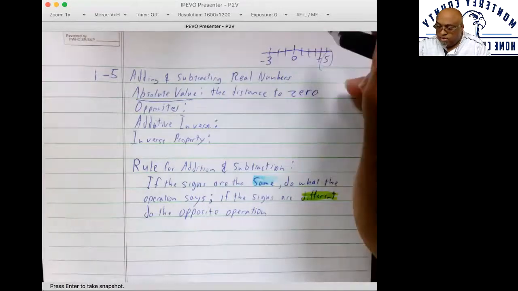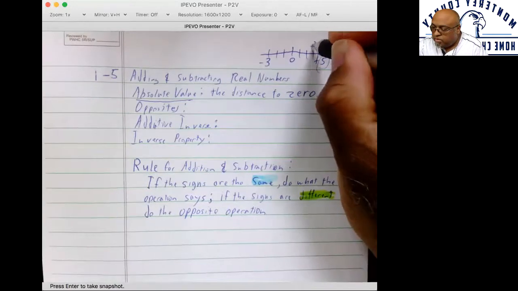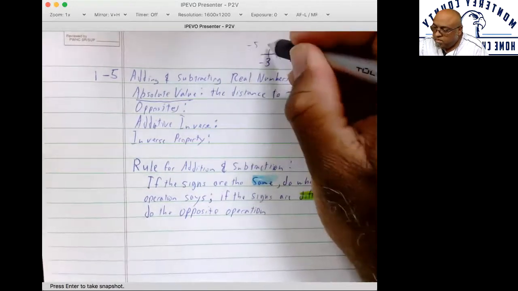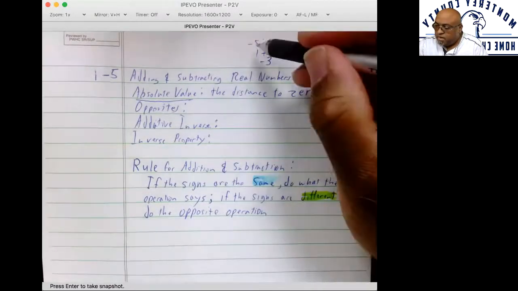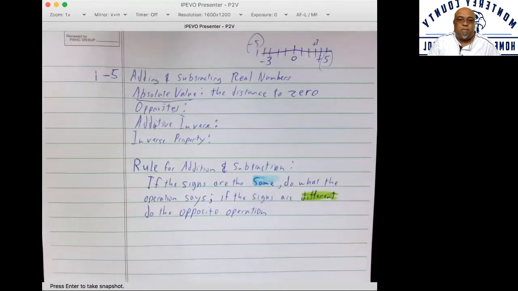Now, I meant to do it the other way around. I apologize. I meant to do it like this. +3, -5. Pointing out that that one is further away. Sometimes when you're on camera, it gets a little bit mixed up. Apologize for that. Anyways, point being, absolute value simply means which number has a greater distance to 0.